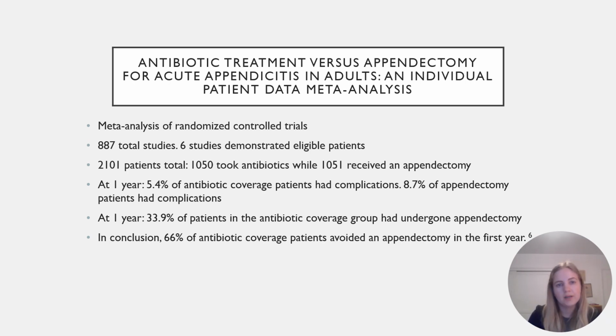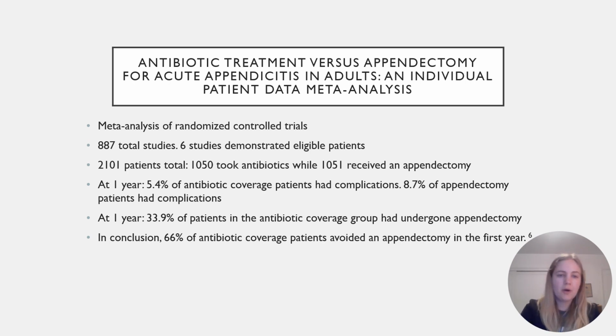About 1,050 patients took antibiotics, while 1,051 patients had an appendectomy. At 1 year, about 5.4% of antibiotic coverage patients had complications, while 8.7% of appendectomy patients had complications. So that showed there were fewer complications in the antibiotic group than in the appendectomy group.